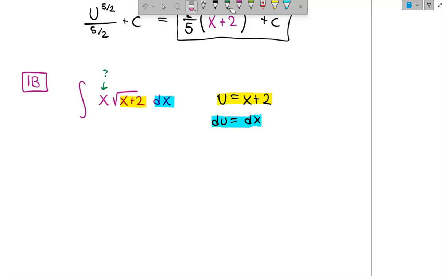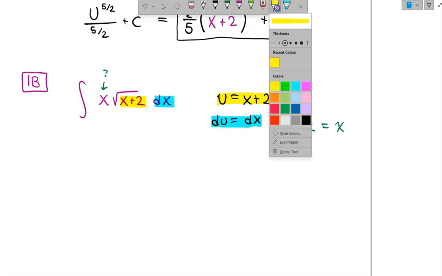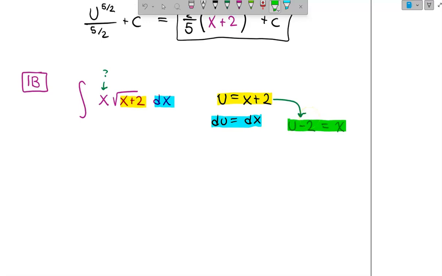Here's your strategy. We do know what x is equal to, because if I perform a minor revision, u minus 2 is actually equal to x. And that, which you're looking at right here, let's get the green highlighter, can then be substituted right there.